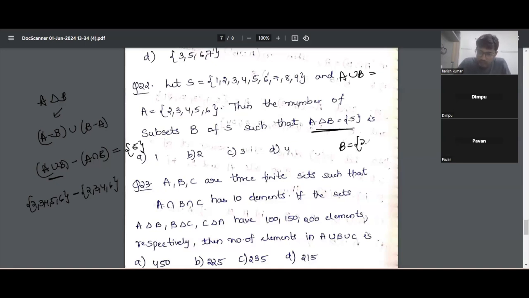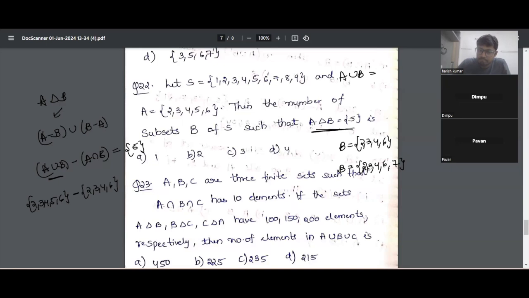B can have 2, 3, 4, 6. What else can B have? Can B take something like 2, 3, 4, 6, and 7?